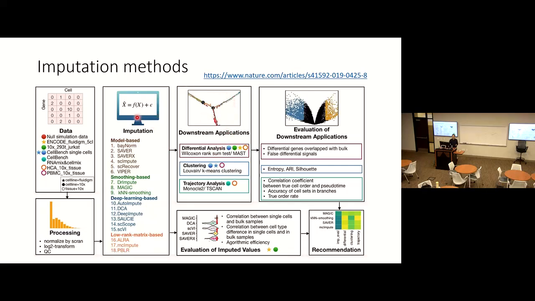They believe if you impute this correctly, you should be able to enhance the downstream analysis, because the sparse matrix becomes a dense matrix, then you can do the distance computation more easily, and those will help you to do the clustering, to do the differential expression, to infer the relationship between cells, and to achieve better results.